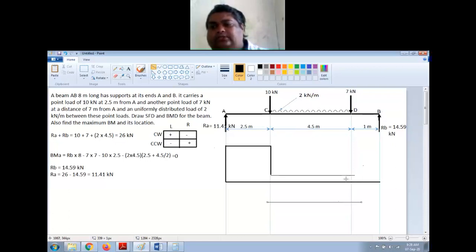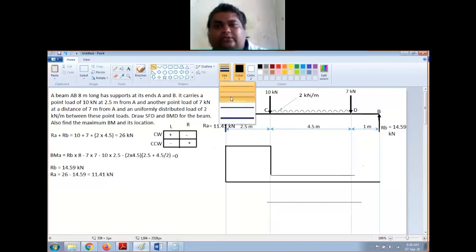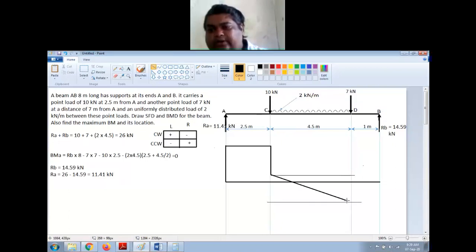Right? So this distance is representing 9 kilonewton. So what I will do now is I will draw an inclined line starting from this point till here. So this is the variation of shear force for the UDL. Now I have come at this point.